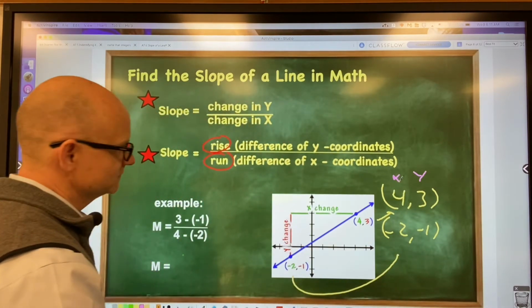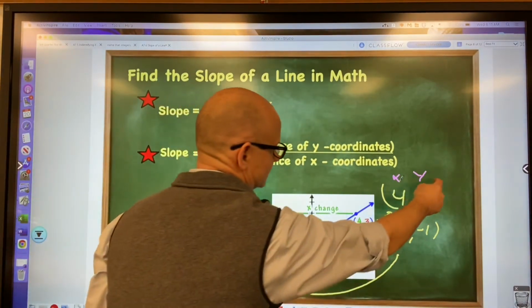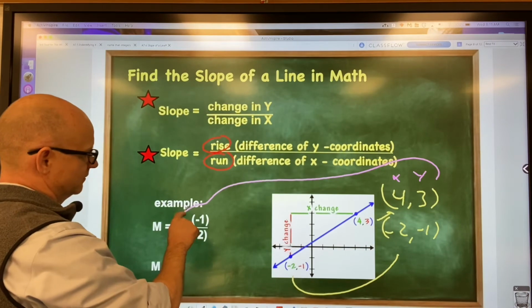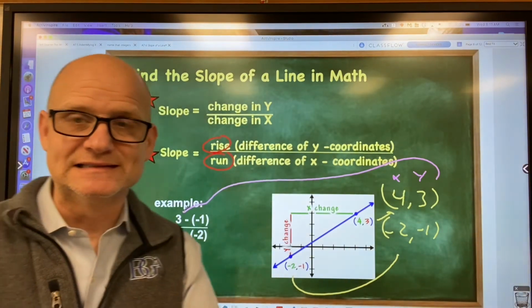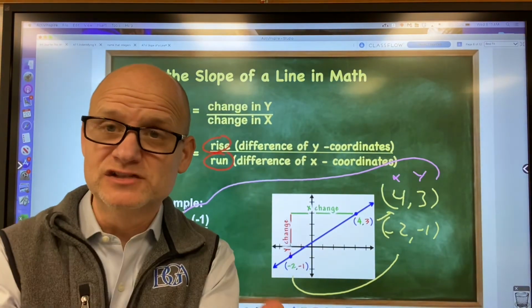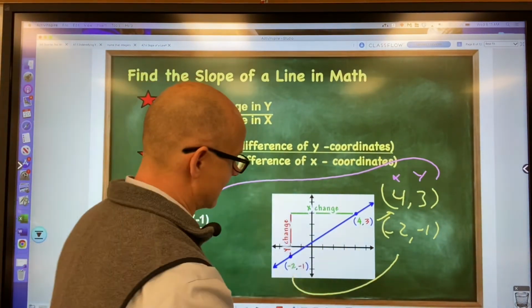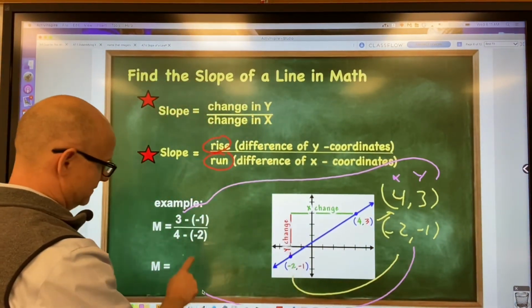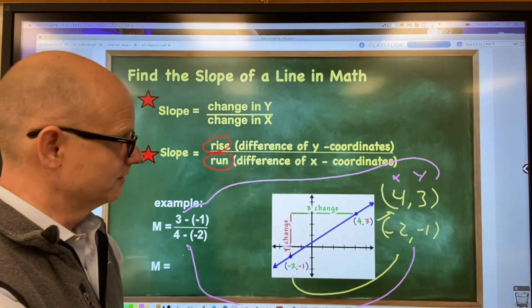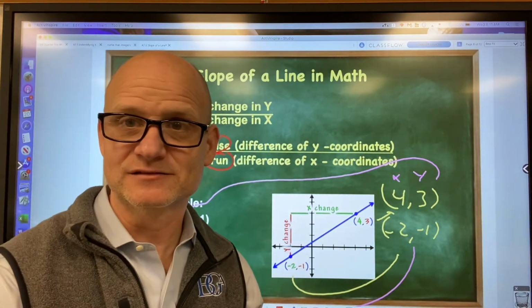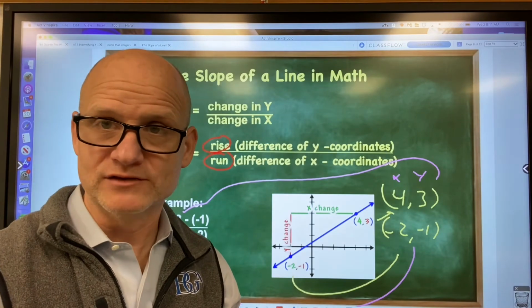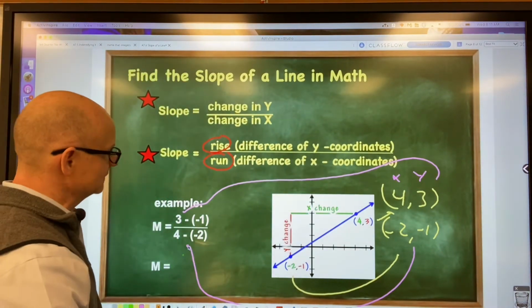So notice in my y, I have written way over here 3 minus -1, because it's the change, the difference. And over here I have 4 minus -2 for my x. That's my run, rise over run. And that gives me my slope.